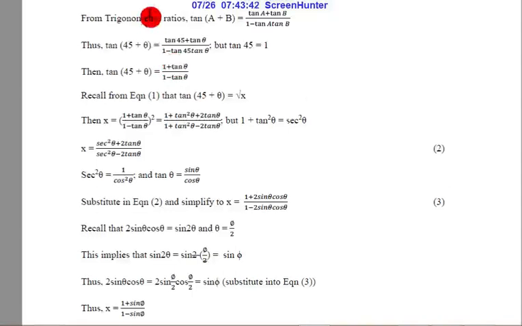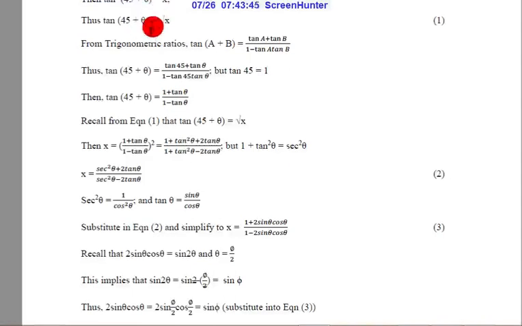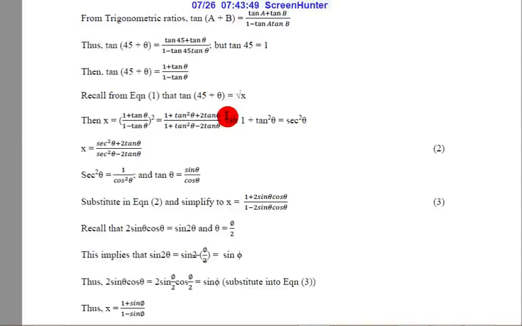We also recall from equation 1 that tan(45 + theta) is equal to root x. So if root x is equal to this expression, it means that x will be the square of this expression.